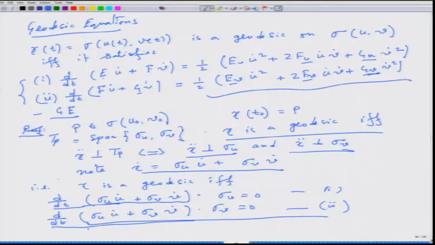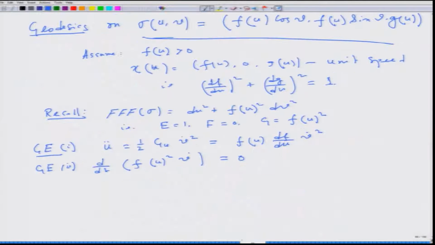So it says d/dt of (f(u)^2 v dot) equals 0, because the right hand side is 0.